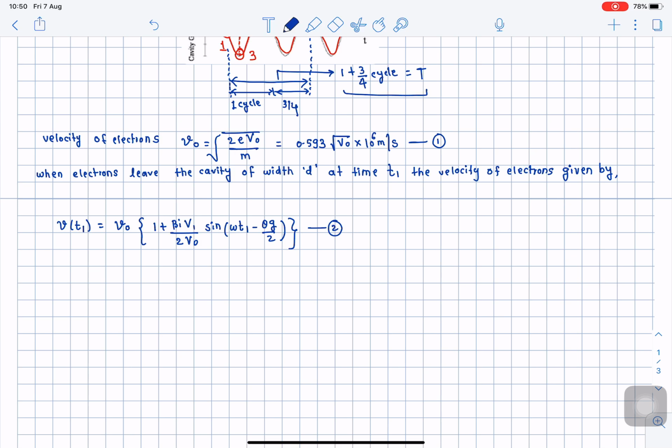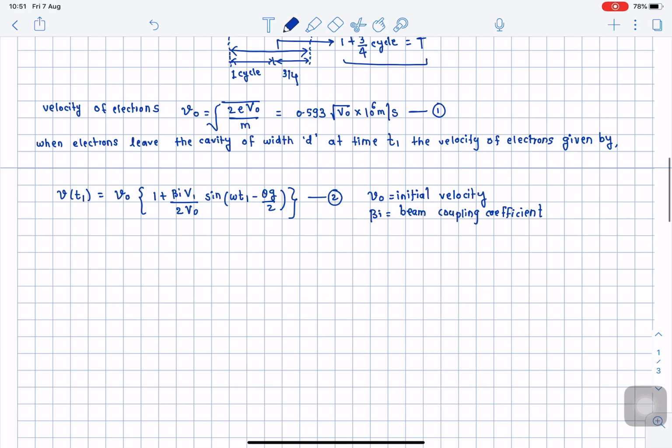Okay, so where v0 is initial velocity, which is given by equation number 1, beta i is the beam coupling coefficient. We know that this beam coupling coefficient will get maximum value 1 when 100% coupling takes place. What is V1?